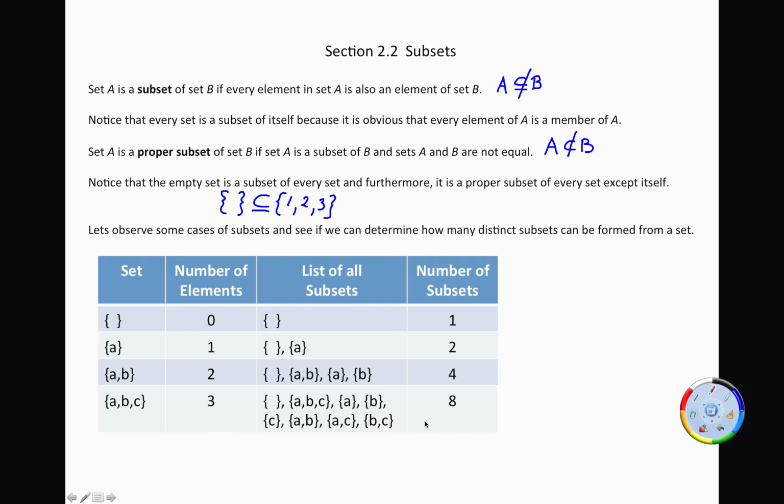So this suggests that when we increase the number of elements in the set by 1, the number of subsets doubles. The number of subsets is a power of 2. To find the number of subsets, we can say 2 to the n, where n is the number of elements in the set. Notice 2 to the 0, anything to the 0 power is 1. 2 to the 1, 2 squared, 2 cubed.